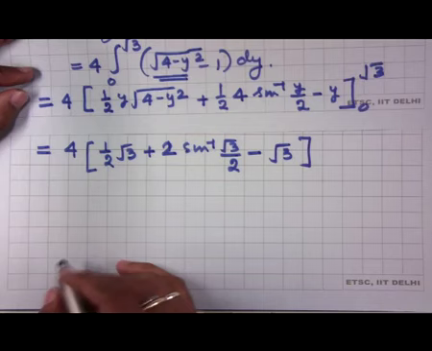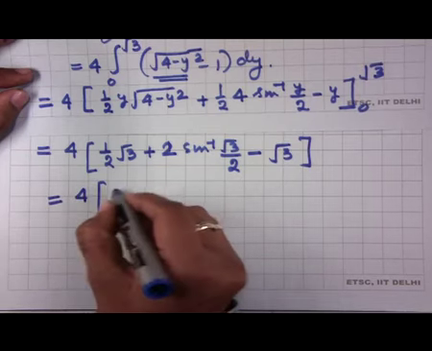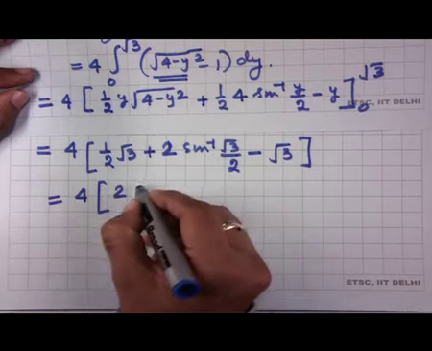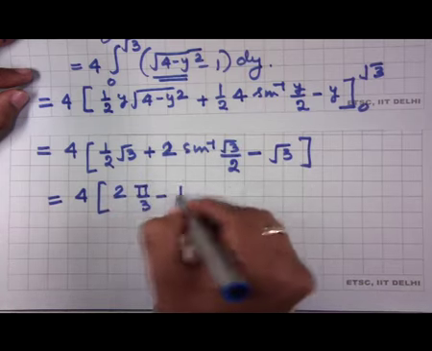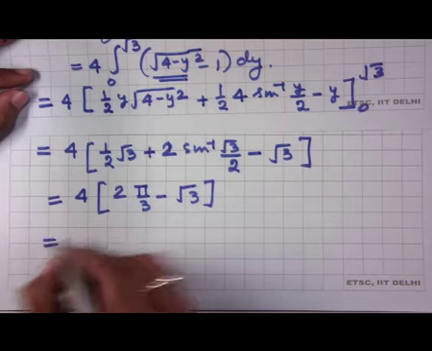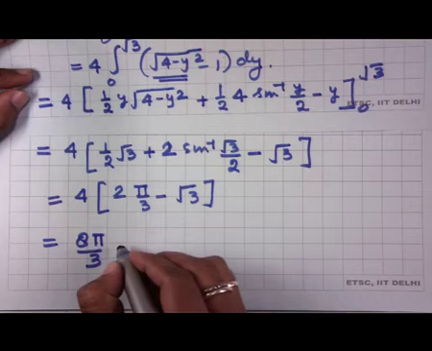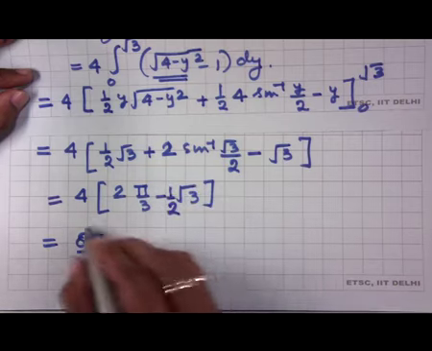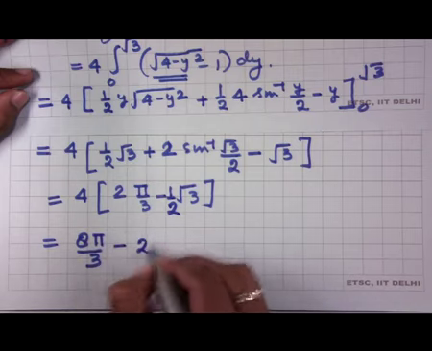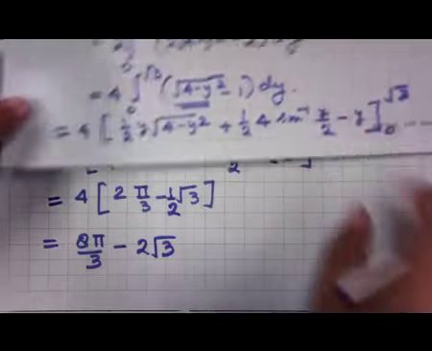So, we get this. So, this is pi by 3 minus root 3. So, we get 8 pi by 3 minus 2 root 3. This is the final answer.